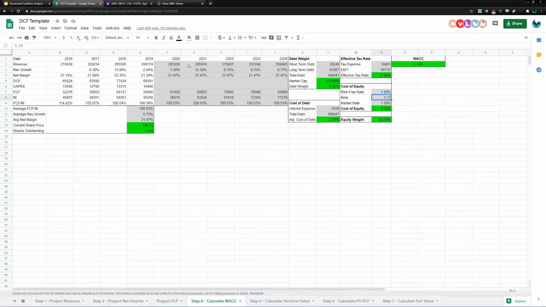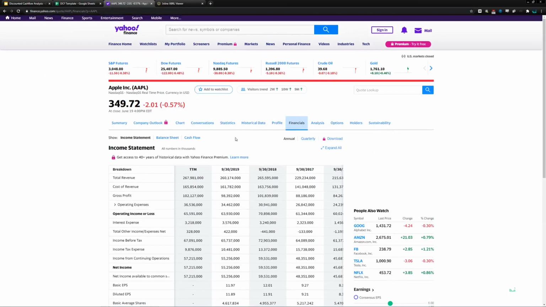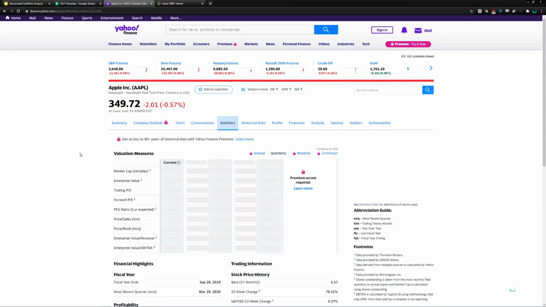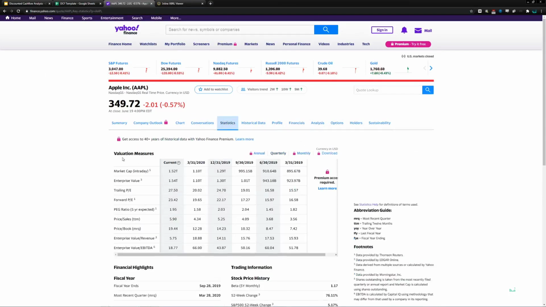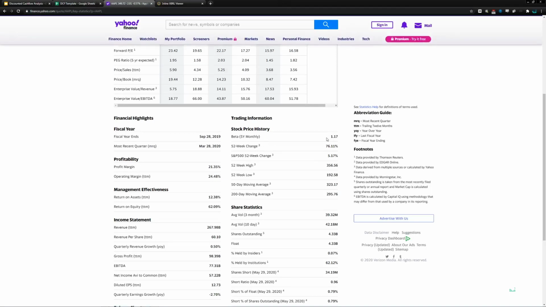And then the last component it uses is beta, which is a measure of volatility with respect to the market, and that can also be found on Yahoo Finance if you just go into the statistics. And it's right here at the top. So they calculate the 5-year monthly beta as 1.17. And don't ask me how that's actually calculated, I don't know, but that's what we want to use.